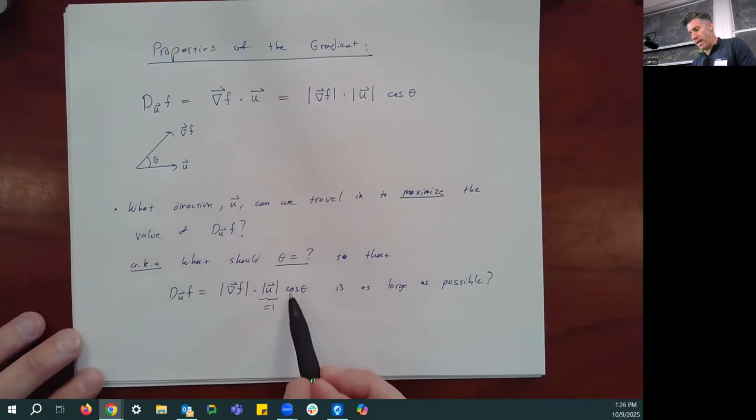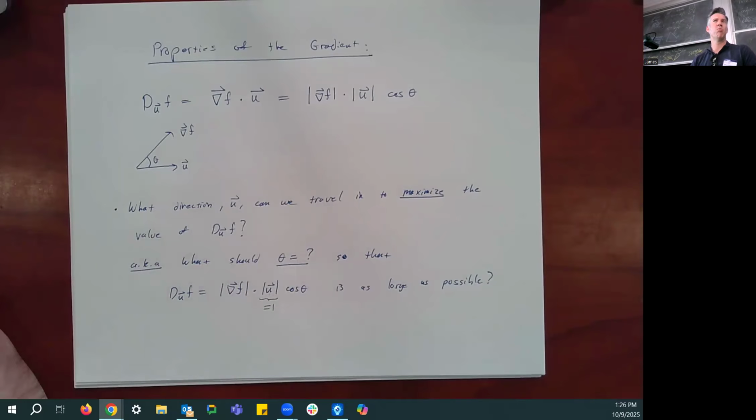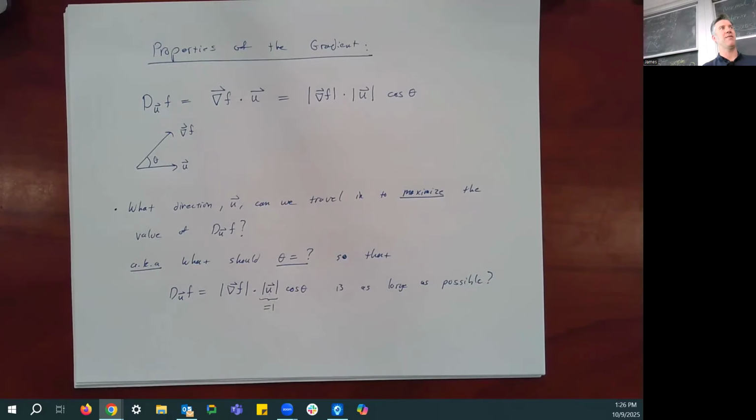So let me ask you all a different question. What angle makes cosine of that angle as big as possible? What's the biggest cosine can ever be? What's one of the angles that makes cosine of that angle equal to 1? 0. You could say other angles like 2 pi, but if you're thinking about the vectors pointing in the same direction, the angle between them is 0.